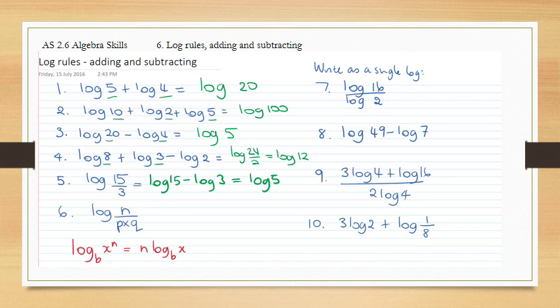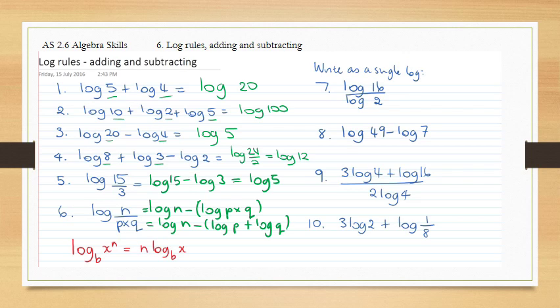Now this one here, there's several steps to it, so watch carefully. Just start off with the log n and deal with the bottom line. So p times q can be written as subtract log p times q, and then we can write that as log n subtract log p plus a log of q.